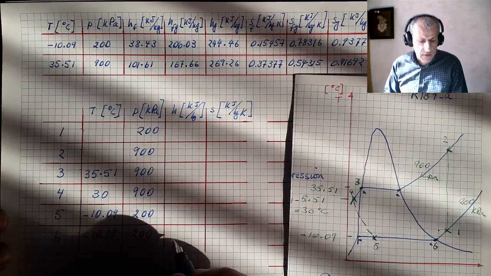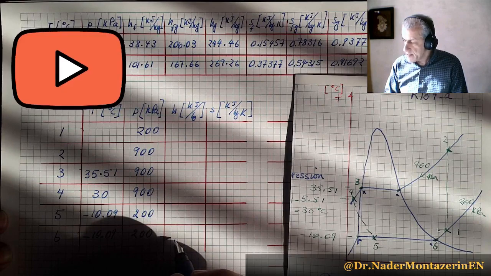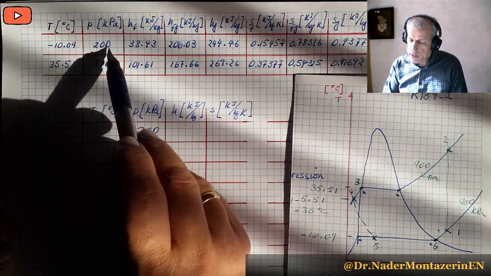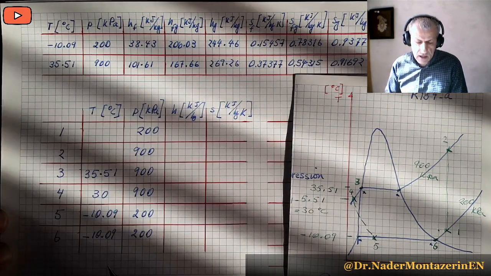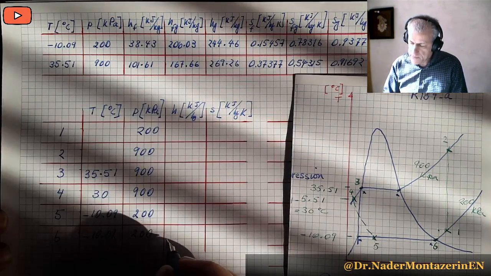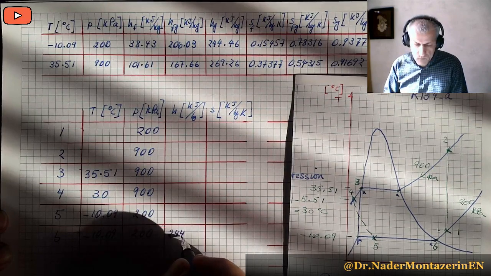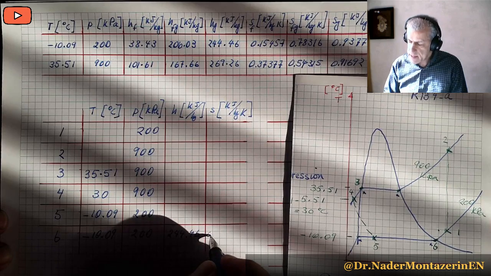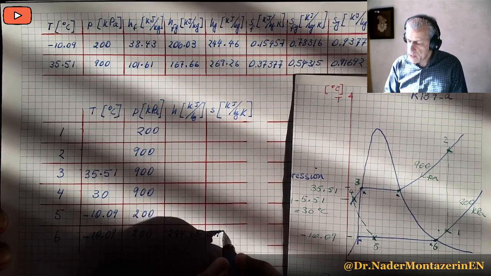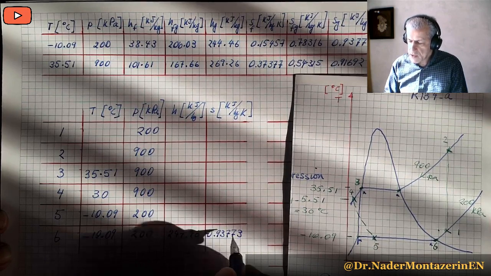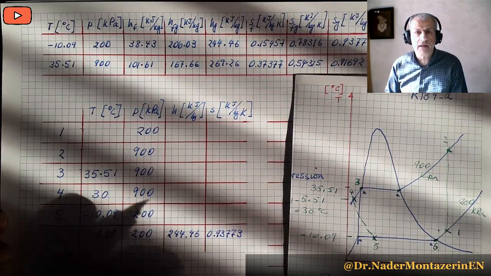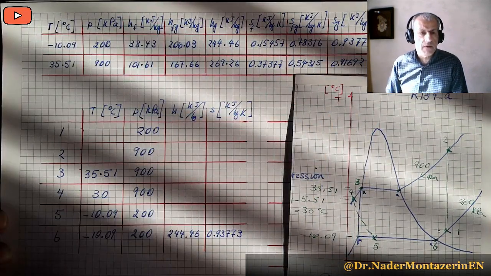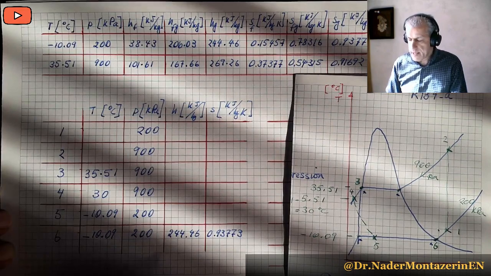For point 6, while you are at it, we have all the knowledge at 200 kilopascal, and its Hg and Sg are its values. So H is 244.46 and S is 0.93773. These are the values that I have just read from this table. There is no problem with that.